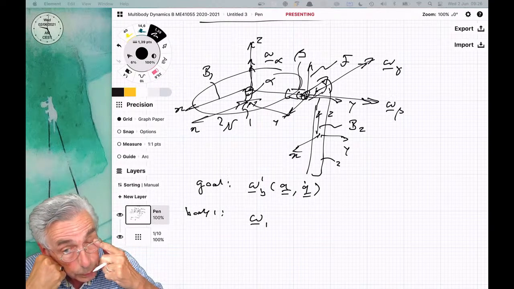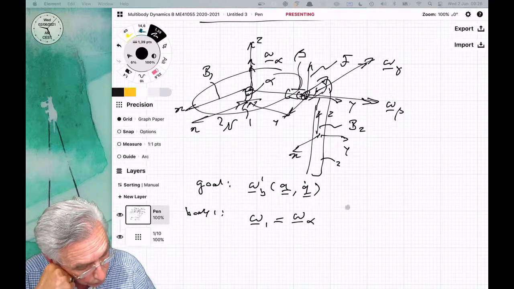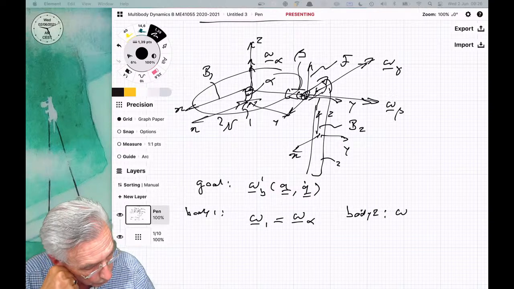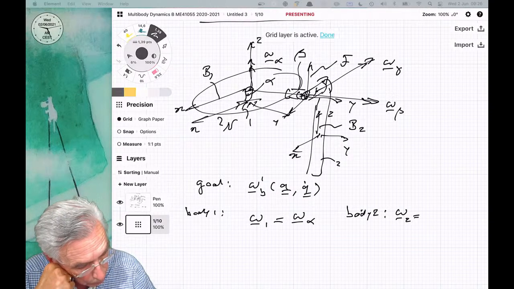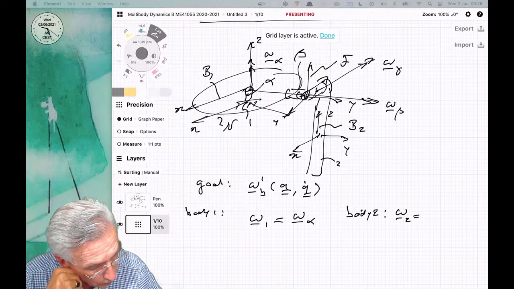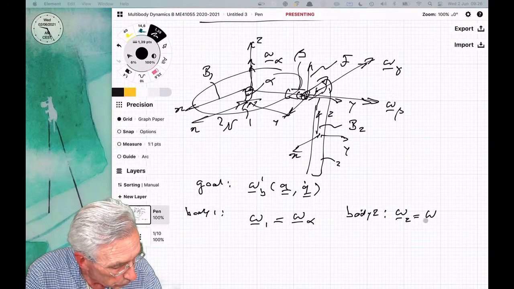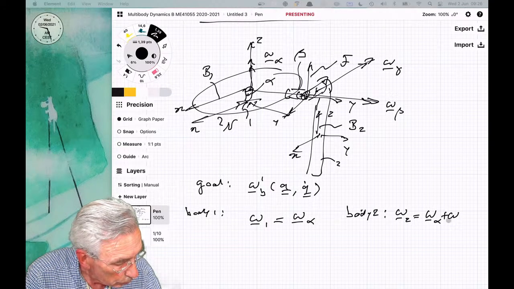So omega of body 1 is, well, omega alpha, right? And for body 2, we can say the same easily. Omega of body 2 is, and that's simply the chain. It's this rotation, and then we get this rotation and that. It's just the chain of those rotations. And why? Because it's a chain in itself. So that's omega alpha plus omega beta plus omega gamma.